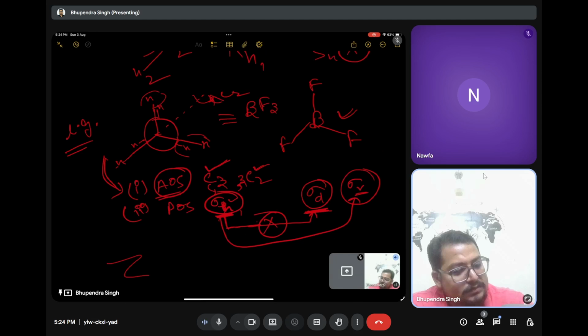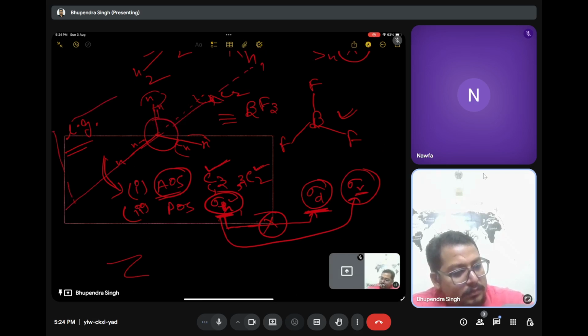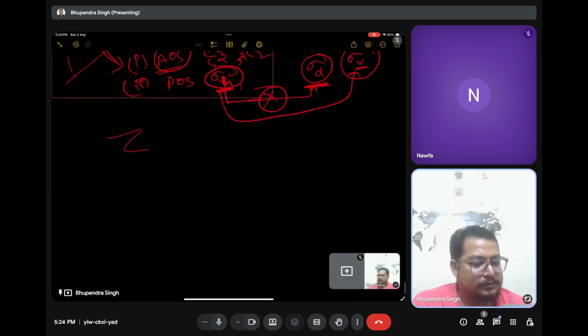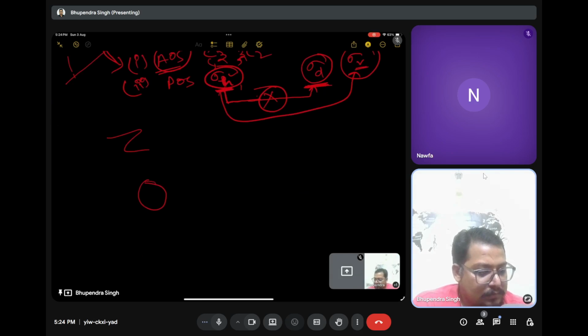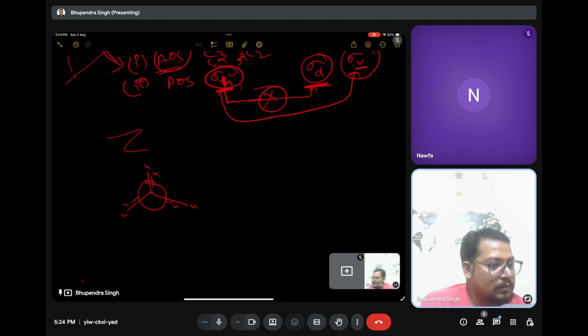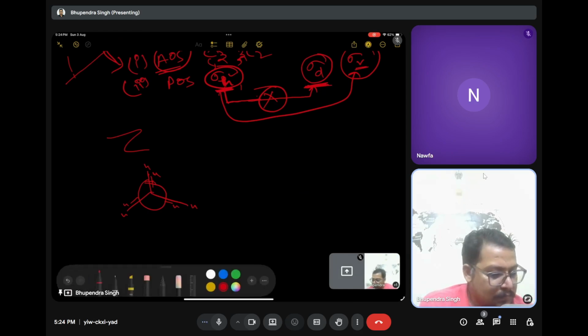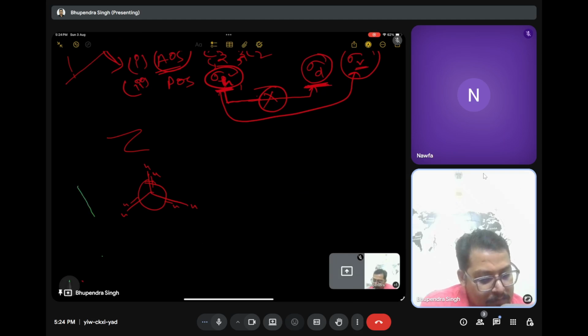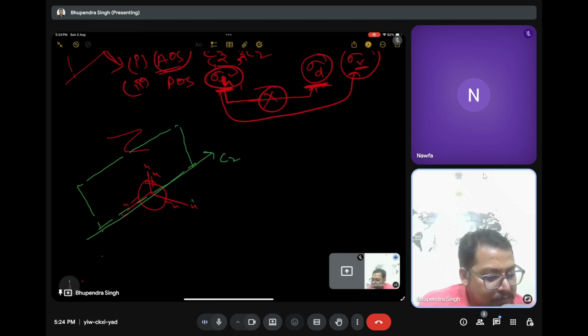So sigma v, let's say this is a plane. Along with this, your C2 axis, it will bisect this molecule into two equivalent parts.